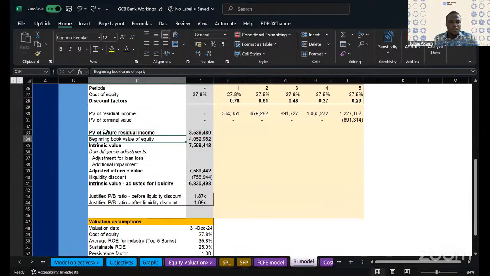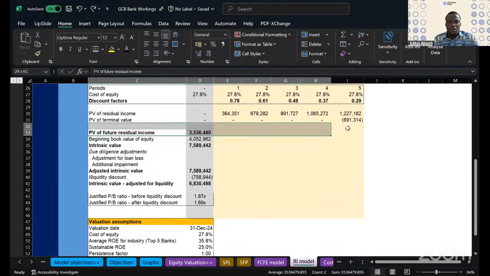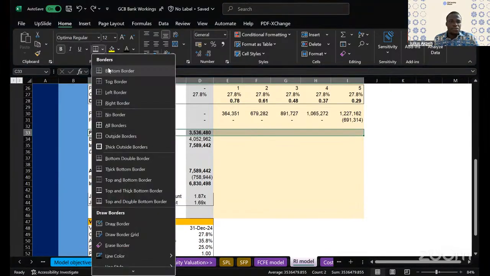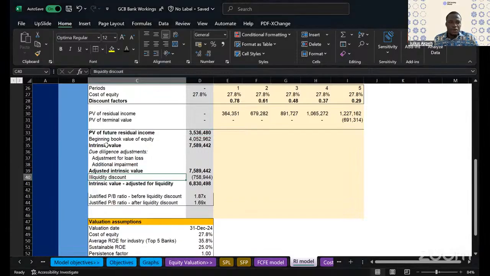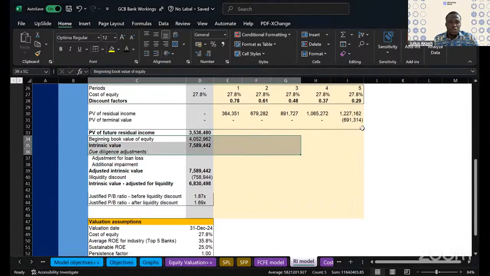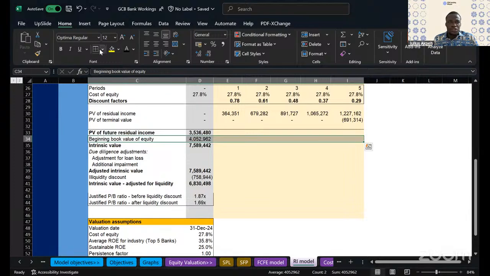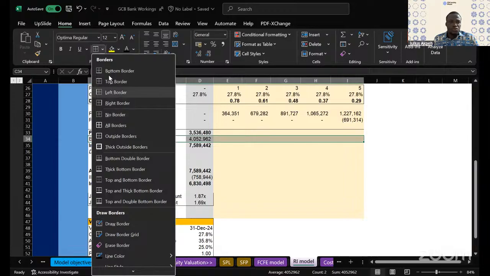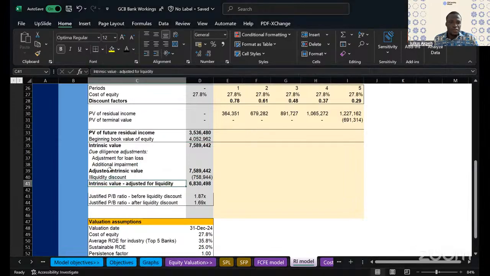Let me see something quickly. So I can put this border at the top. I can also put this this way. We're coming to do due diligence adjustment.